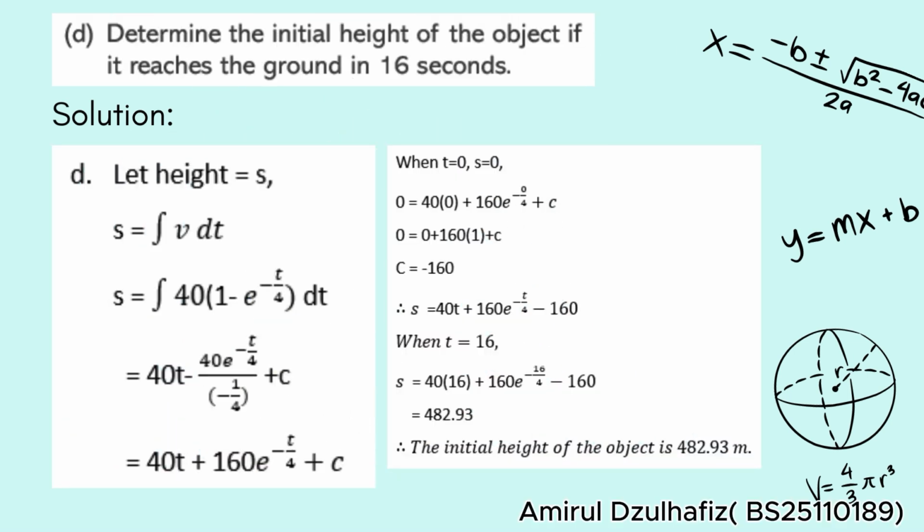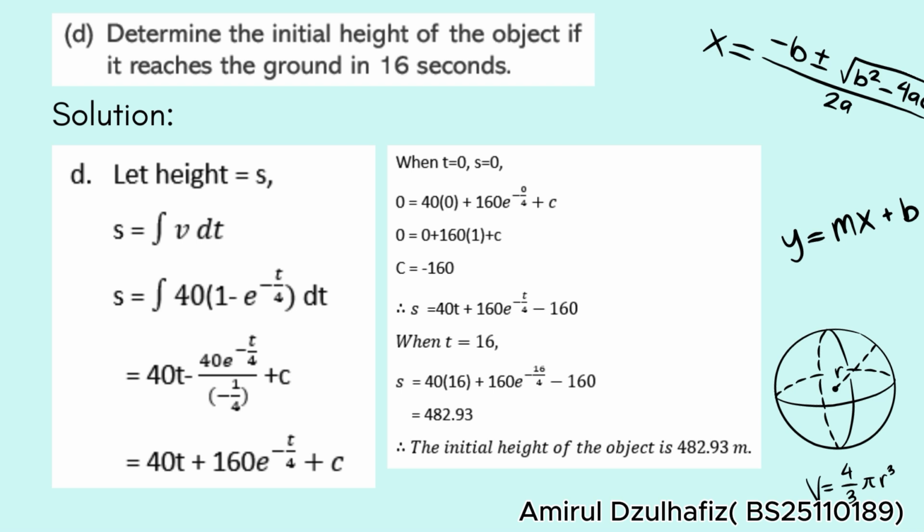For part D, we use the relationship between displacement and velocity. v equals ds over dt, so s equals the integral of v dt. Next, we substitute in the expression for v. Then, we integrate term by term and we get 40t plus 160 exponential to the power of negative t over 4 plus c.